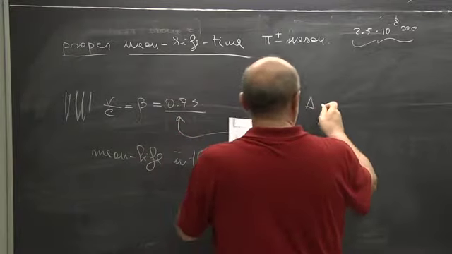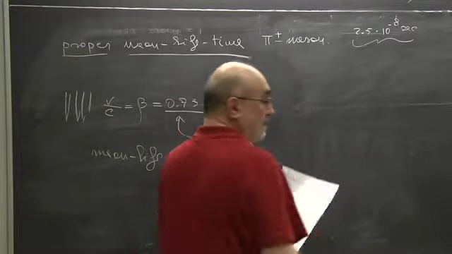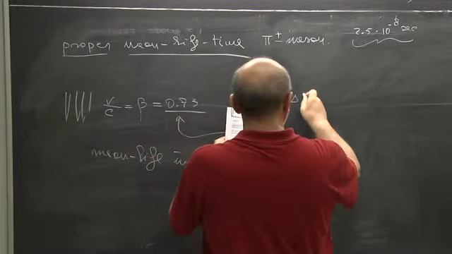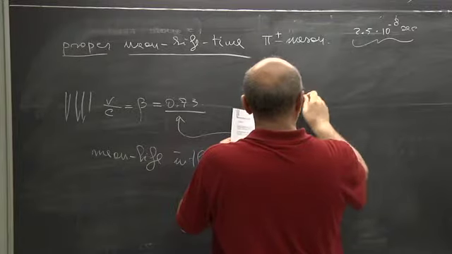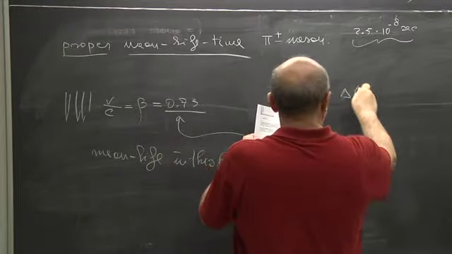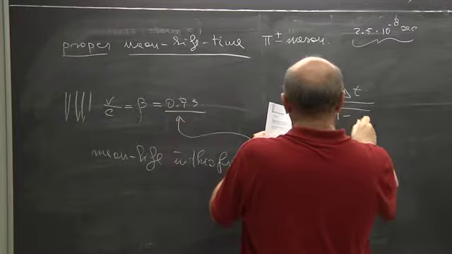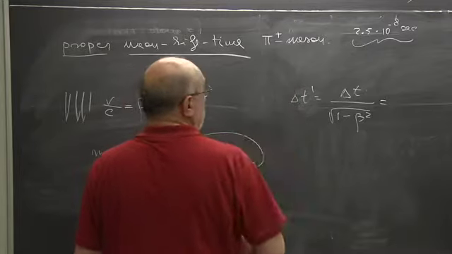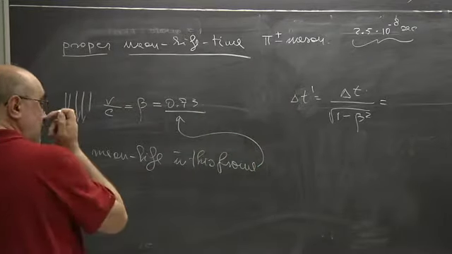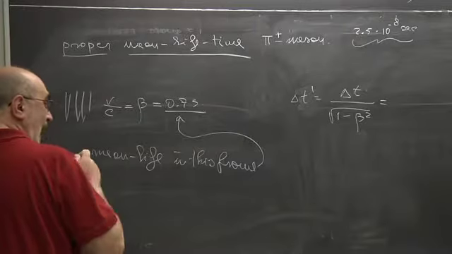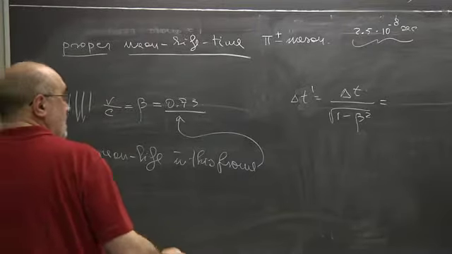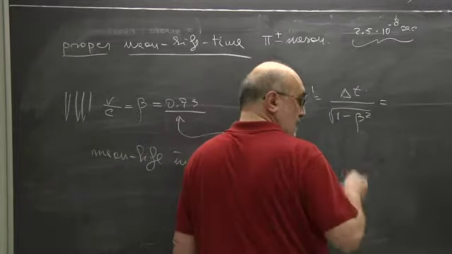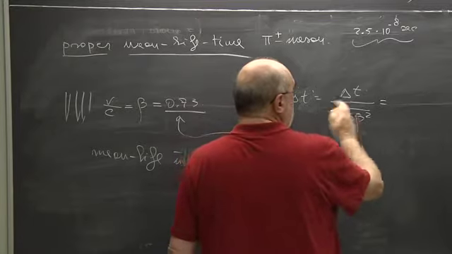Now, we know that there is time dilation, and the formula is delta t prime equals delta t divided by the square root of 1 minus beta squared. That is the formula that tells me, in the moving frame, where I am not sitting with the particle at rest, it is equal to delta t, the time on the particle at rest, divided by this factor.